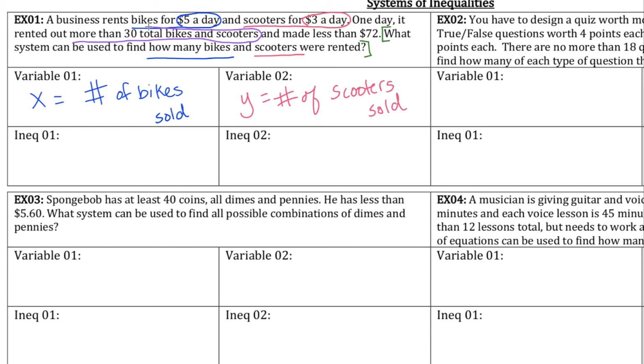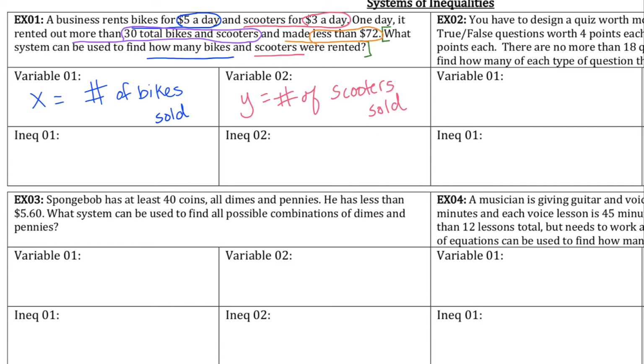My bad. And then they made less than, so I guess we'll choose orange, made less than $72.